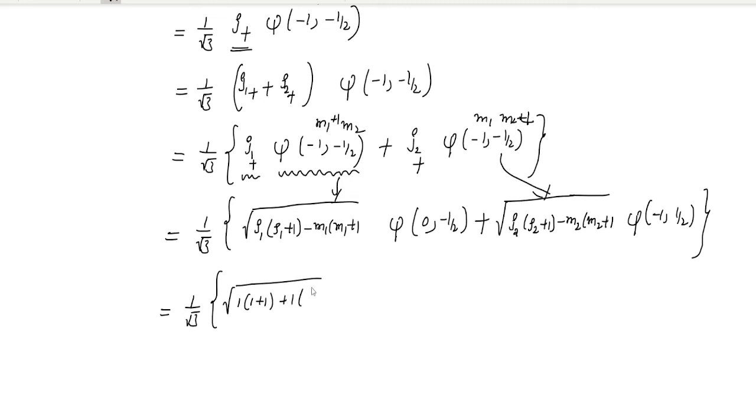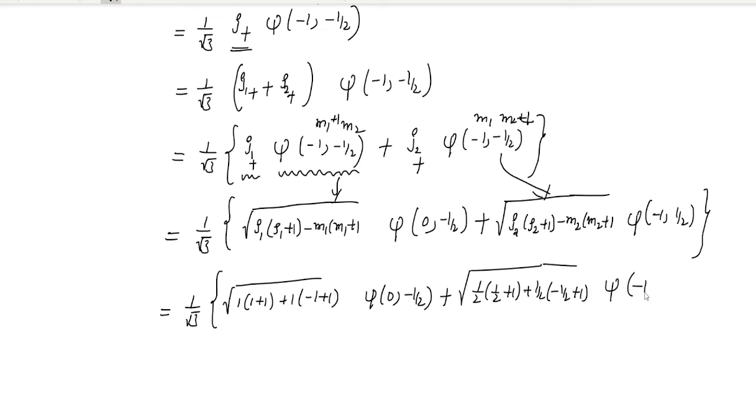Plus 1 minus 1 plus 1 wave function psi 0, 1 divided by 2, plus root of j2 is equal to 1 divided by 2 plus 1, m2 is equal to minus half plus 1. So wave function psi minus 1 divided by 2.